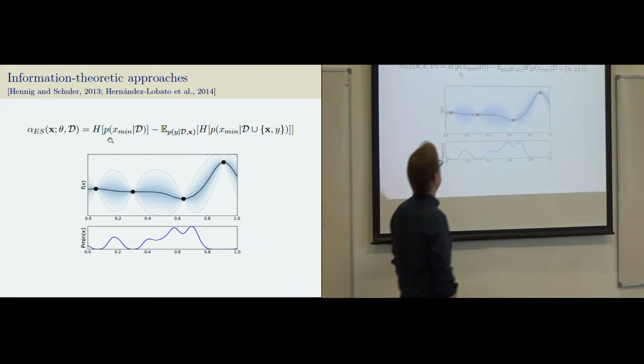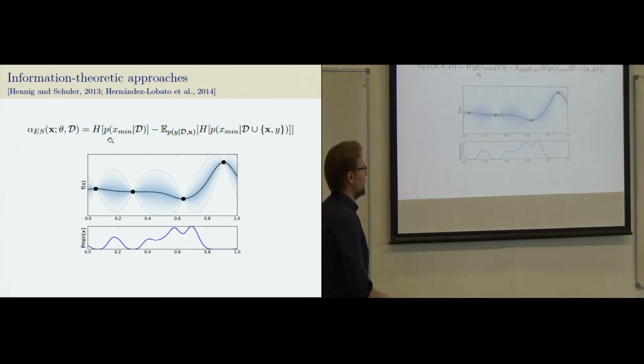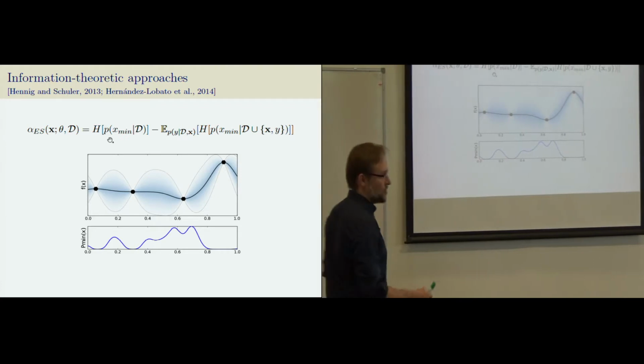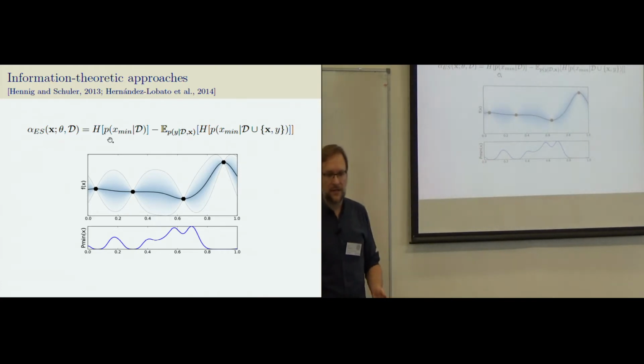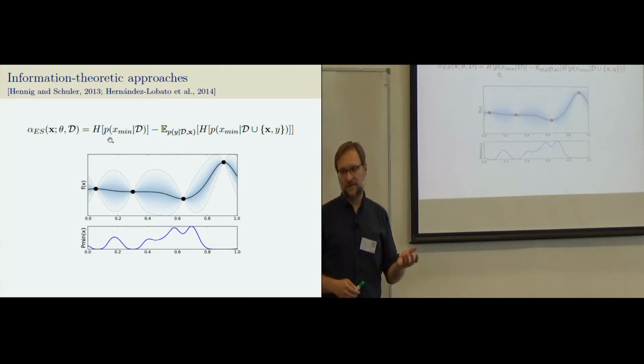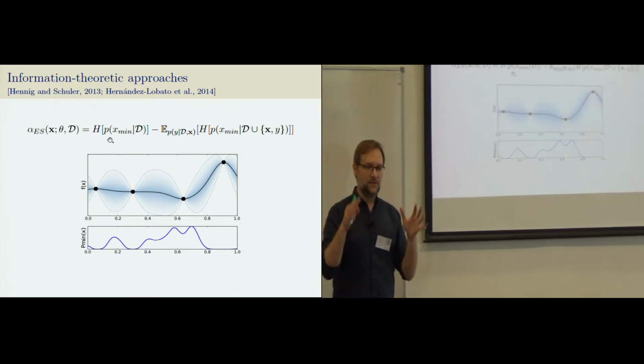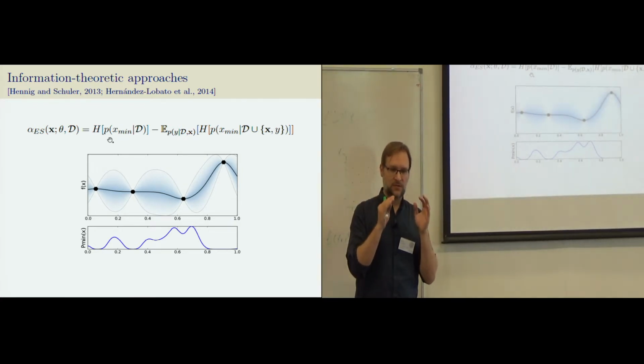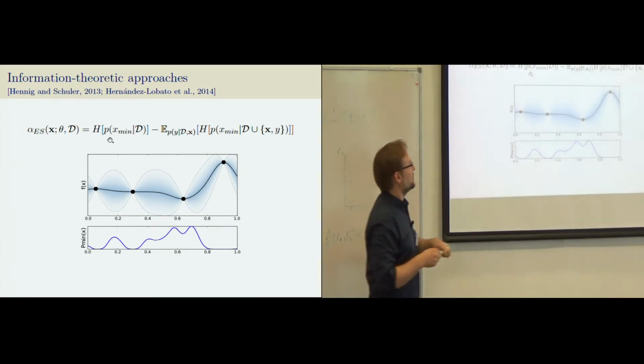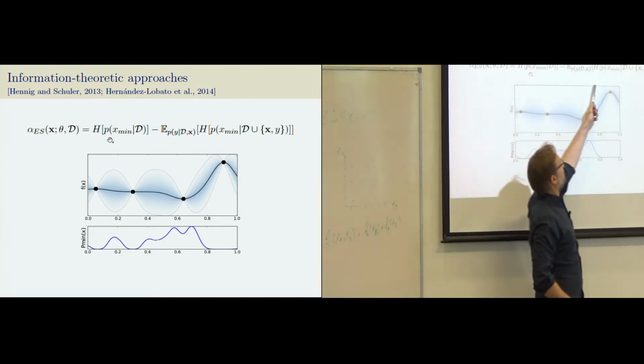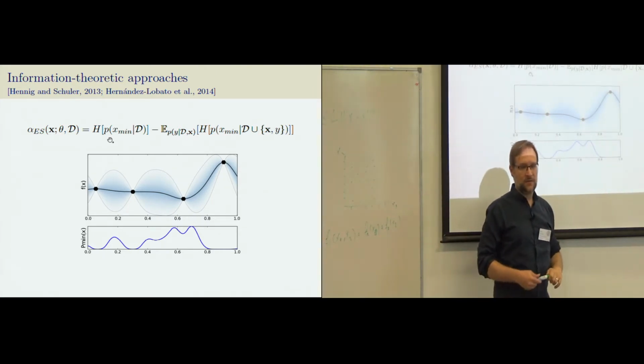The last acquisition function that we are going to discuss today is entropy search, which is pretty much the idea that I described at the beginning. So when you have a full characterization of the distribution over the minimum, you collect the point that in expectation maximizes the entropy, right?